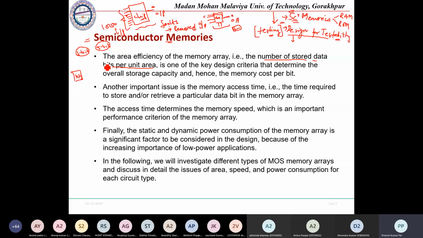So in today's world we can see the size of memories is being reduced drastically. Initially, when you were in school, you might have seen magnetic tapes. Normal tapes were being used to store data, and then some device called the floppy disk was there.